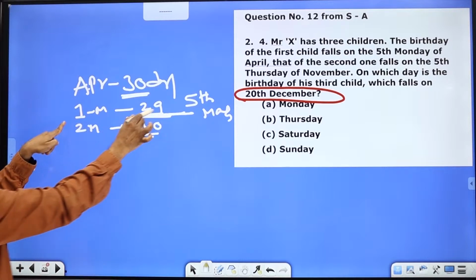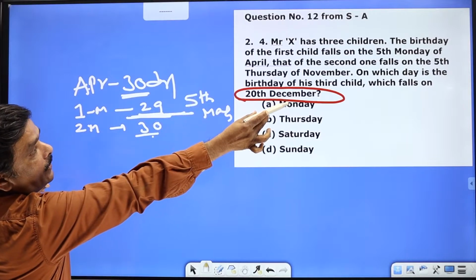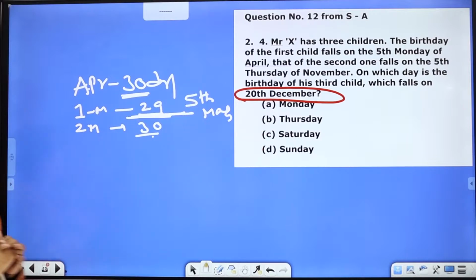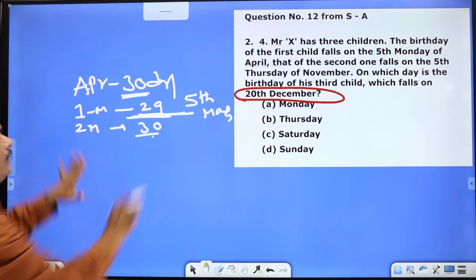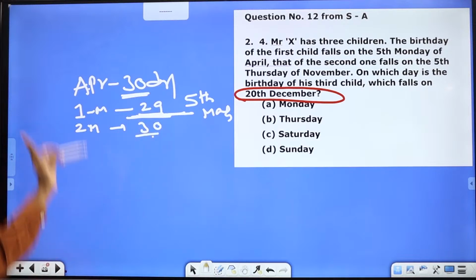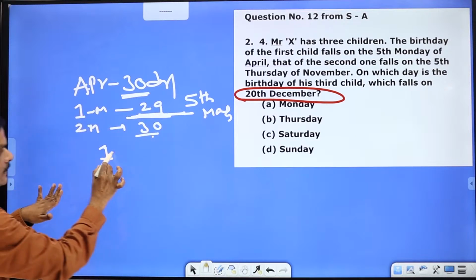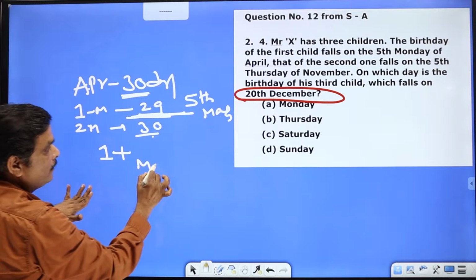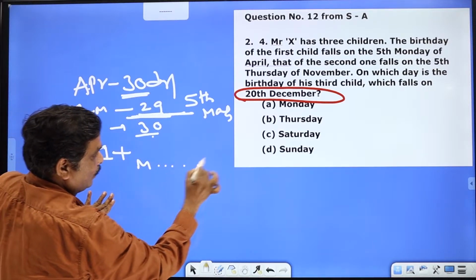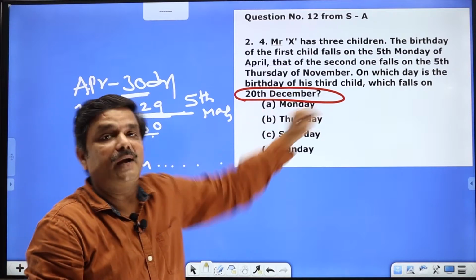If 5th Monday was 29th, then 5th Thursday of November is what? Very clearly, you go like this. April month, 29 days are over, 1 day is left out, that is 30th. Plus, you go for May, June, July, August, September, October, November. Then you can find out 5th Thursday of November.